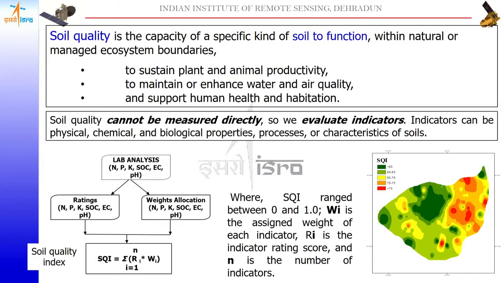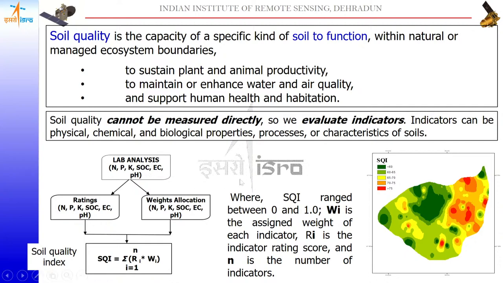Another use of remote sensing is for soil quality. As you know, the soil health card is being prepared for the use of farmers, and today we are interested in studying soil quality. Remote sensing and GIS can be used to study soil quality, because soil quality cannot be measured directly but is evaluated based on the physical, chemical and biological properties of the soils.